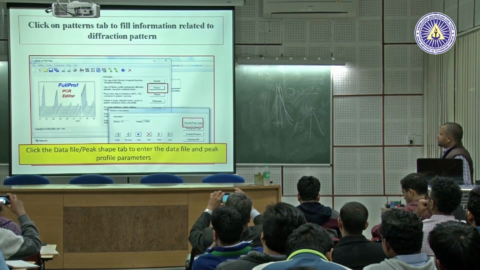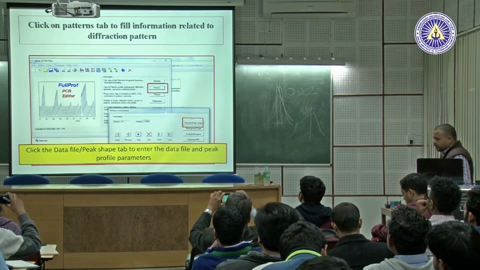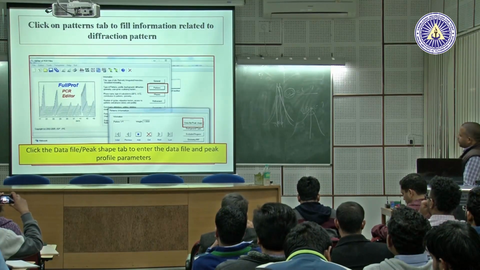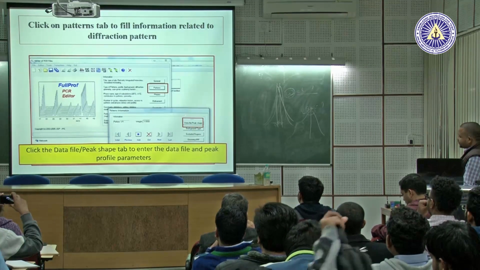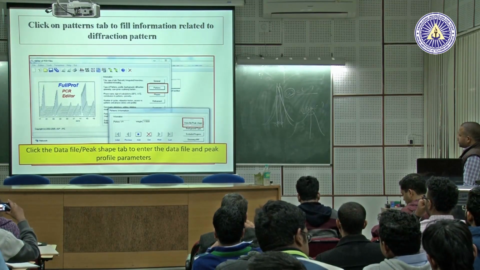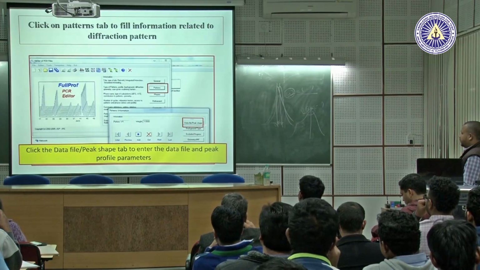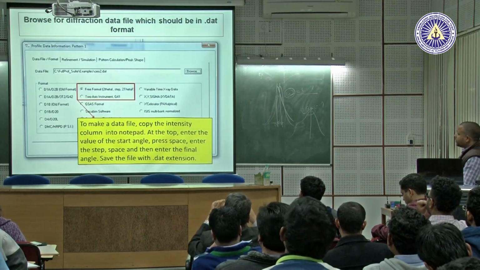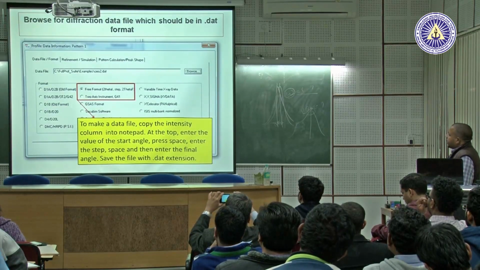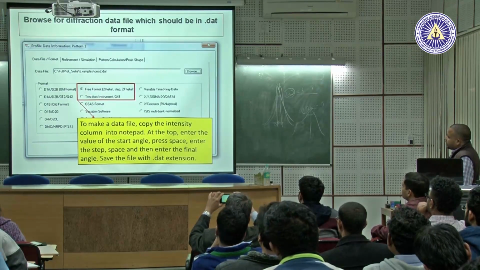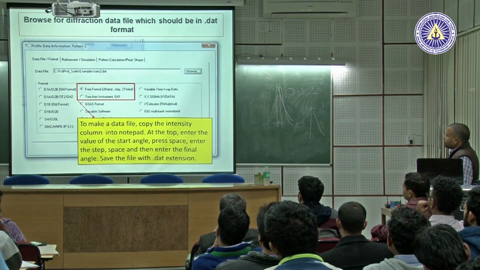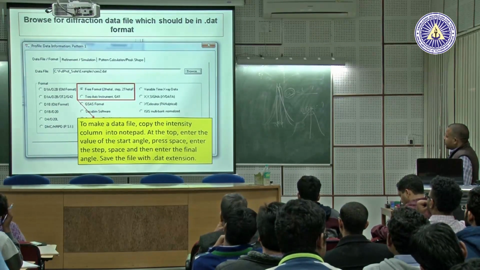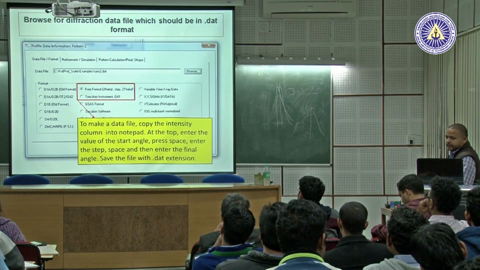Then the second one is Pattern, it will go downward one by one. Then that window will open, showing the data file and peak shape. The format is the dat format. You should first make the dat file from your XRD data.